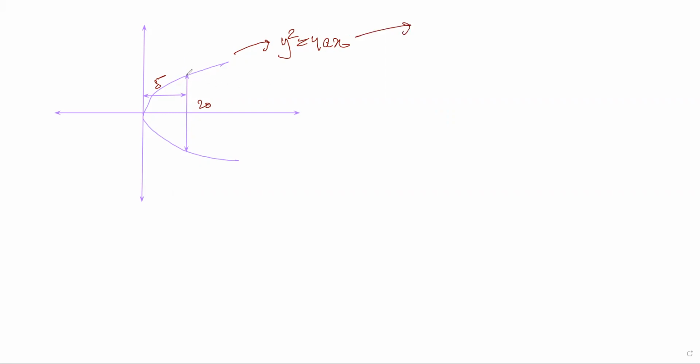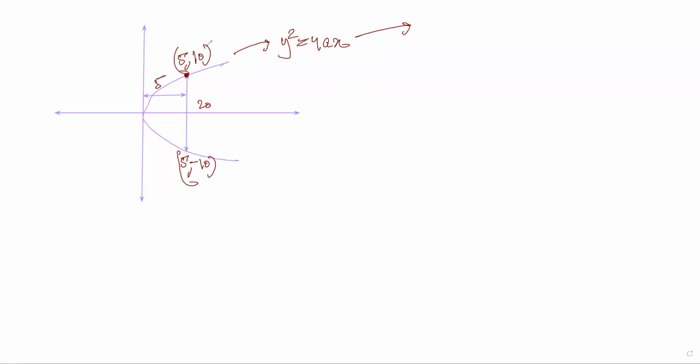In that case, what is the coordinate of this point? If this is a rightward parabola, let's solve it for a rightward parabola. 5, 10. Okay, correct. This would be 5, minus 10. That is how the distance is 20. This is 5.